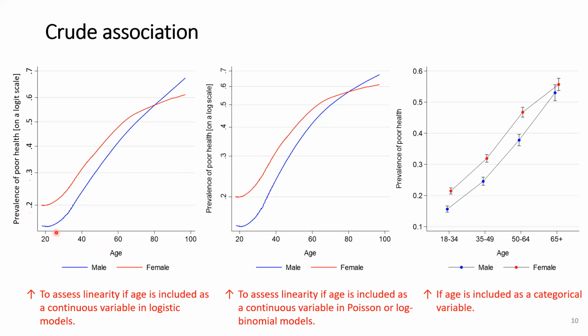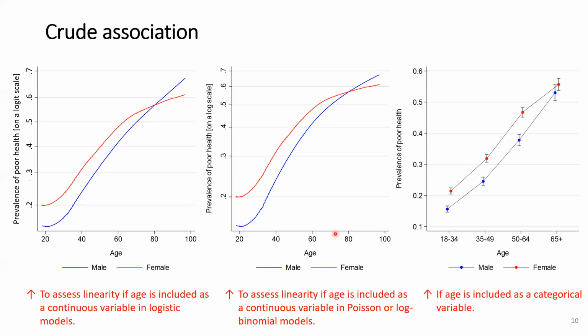When we look at the association between prevalence of poor health and age for male, it's kind of linear. And for female, it's not linear, but we see a curve. So this implies that we cannot include age as a continuous variable.